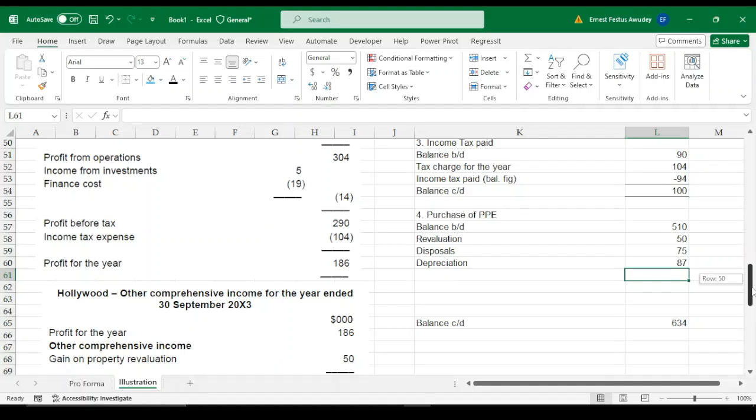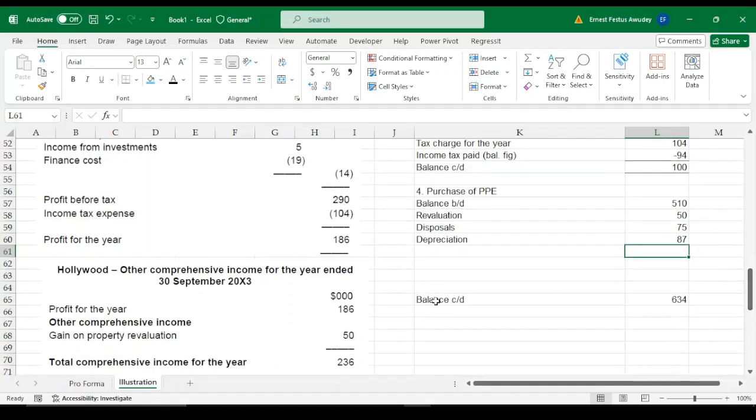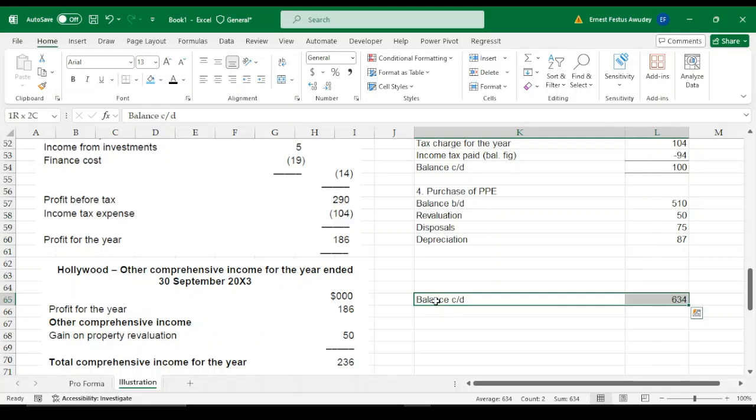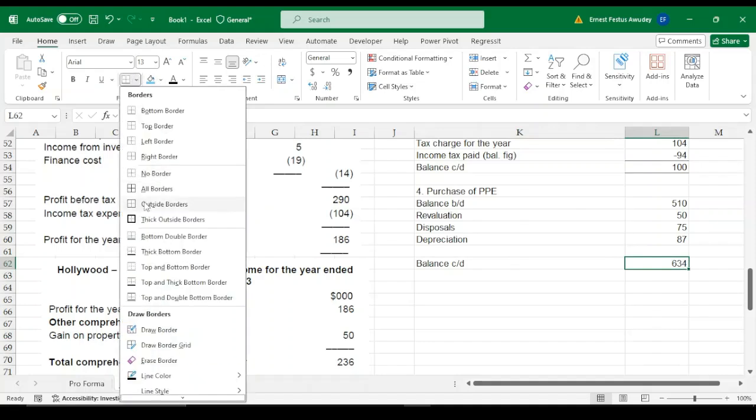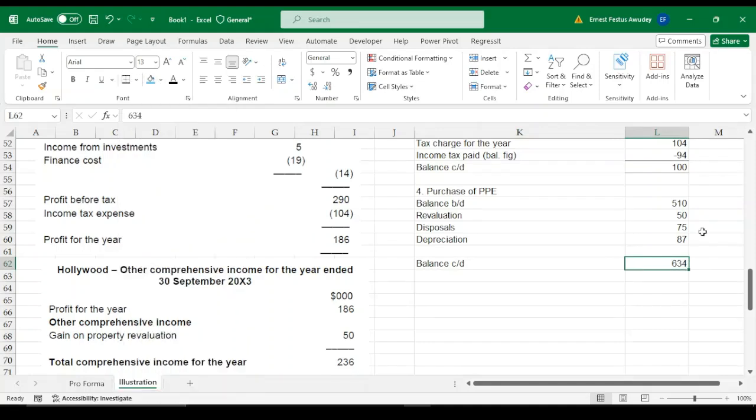So now that we have gotten all this information, we don't have any other information that we can include here. So let me cut this and paste here. Now that we have every information here, this is our balancing figure. So I'll have equals the closing figure, and then I'm going to subtract all of these figures.